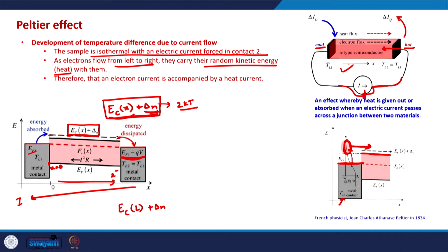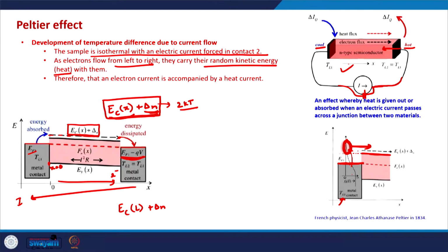So, the semiconductor has taken high energy electrons into it, and these high energy electrons need to be replenished from the bulk. That way it is as if the semiconductor has extracted energy, or heat, from the contact, and similarly on the right side these electrons will be given to the right contact.